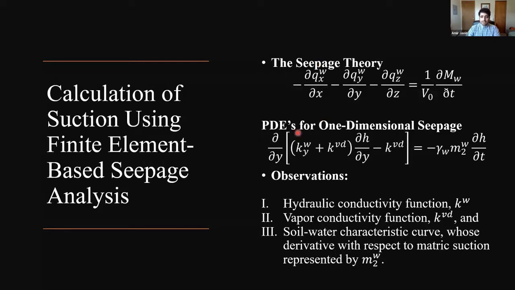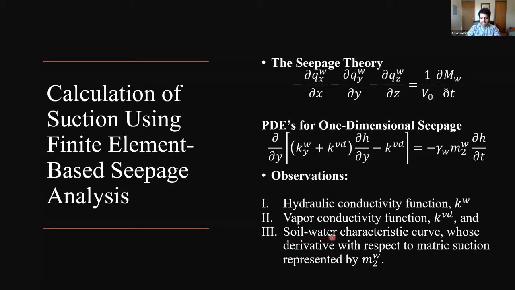The one-dimensional seepage PDE of this equation can be written as this. So we have some observations here. First of all, we have three soil functions here. The first one is Kw, which is the hydraulic conductivity function. We also have the vapor conductivity function for the soil, which is KVD.